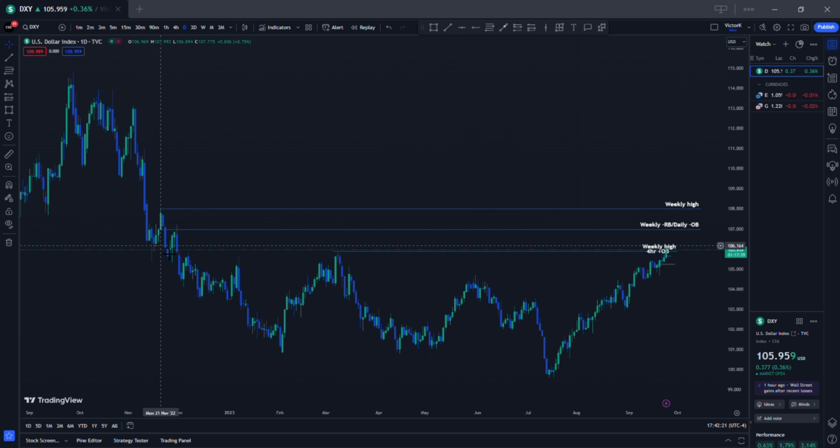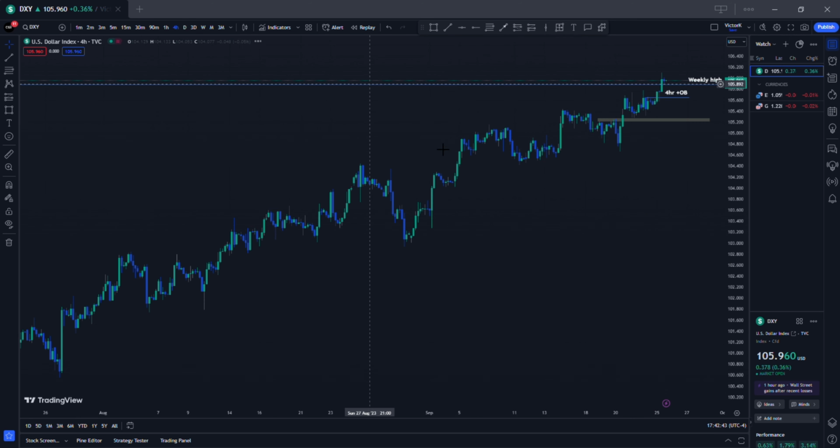So you can view it as a probable target for taking profit if price moves higher. Okay, and the same goes for this weekly high. It is the magnet, the drawn liquidity that price is going to be attracted to in the coming weeks. Okay, so that's basically it.